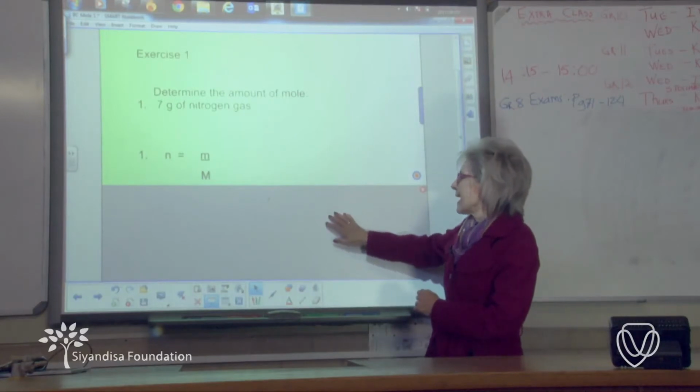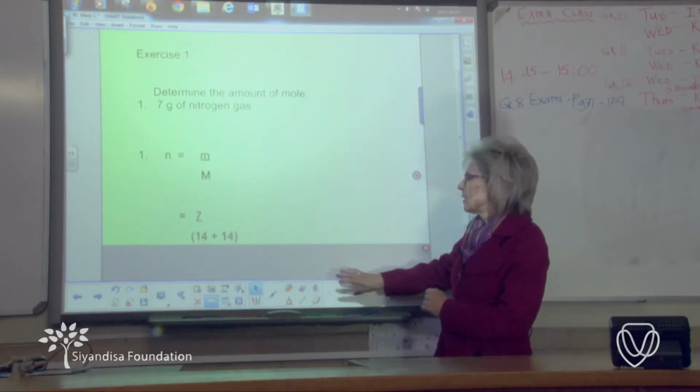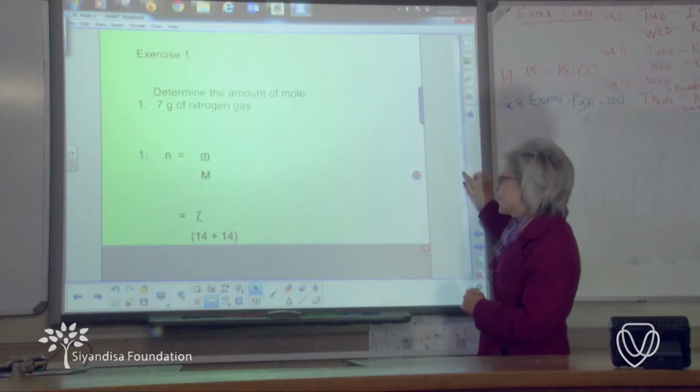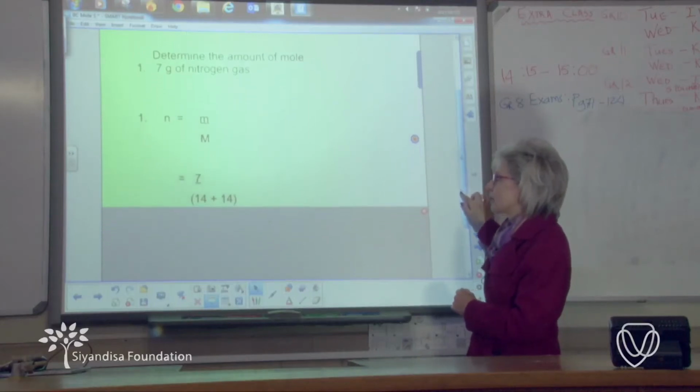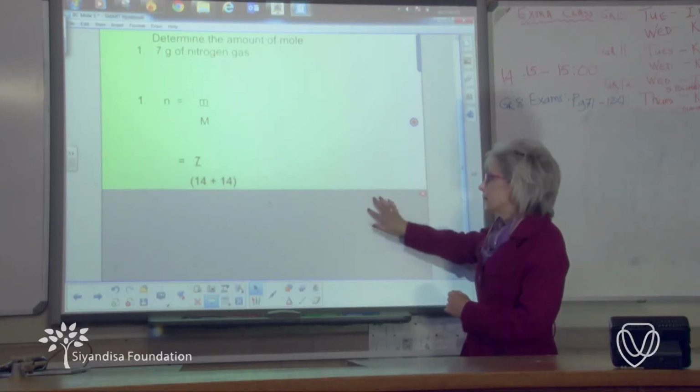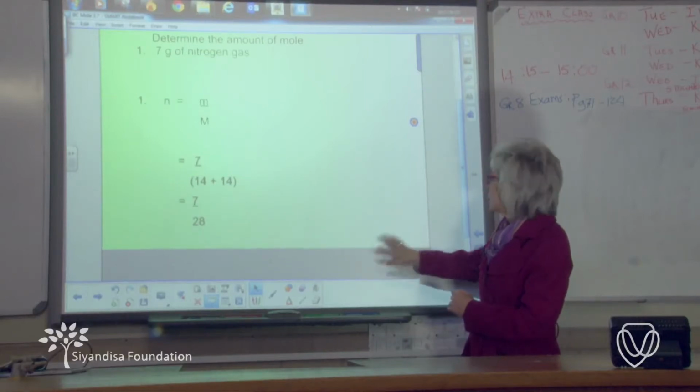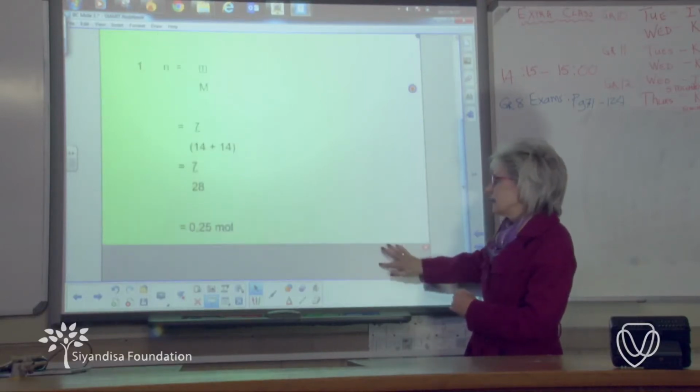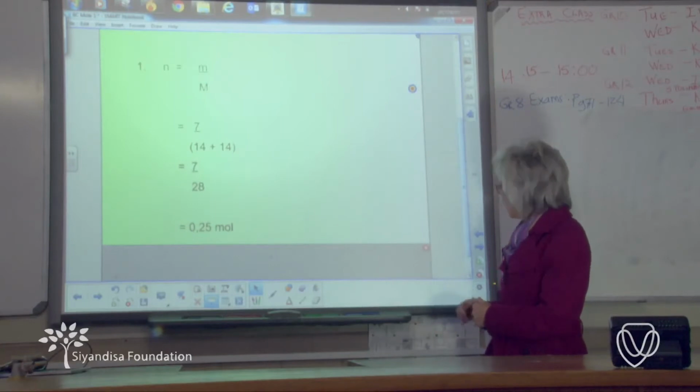It's nitrogen gas we're dealing with, therefore diatomic, the mass of one atom being 14, the mass of the molecule being 28. And that then gives us 7 over 28 and 0.25 mole.